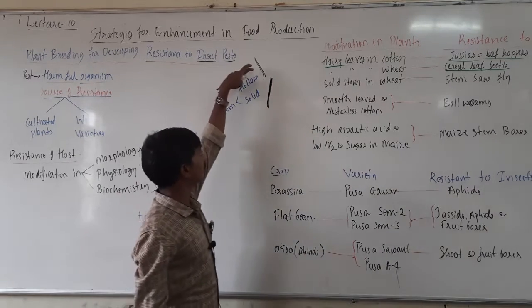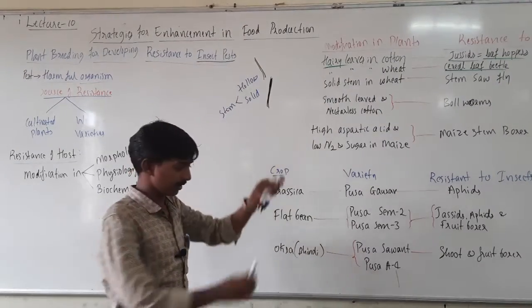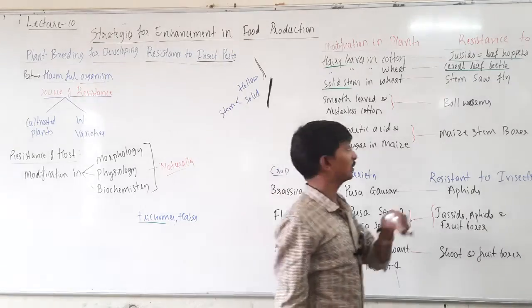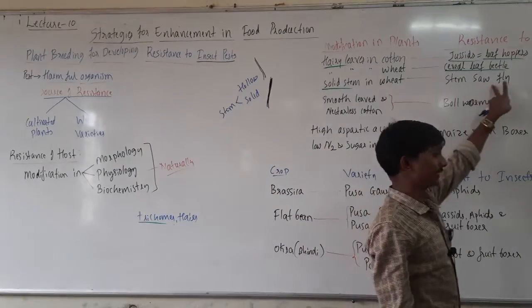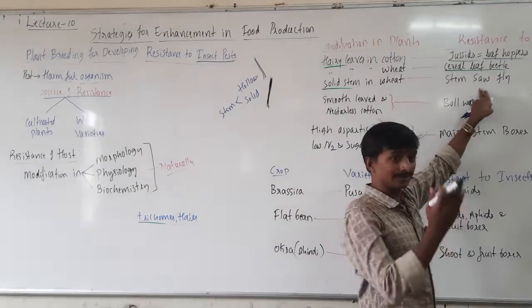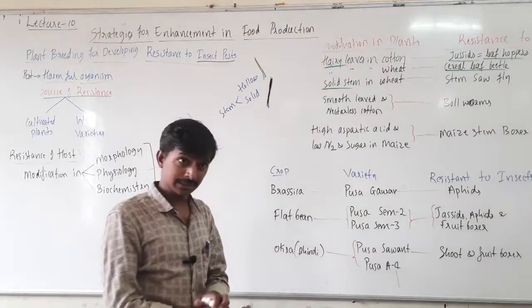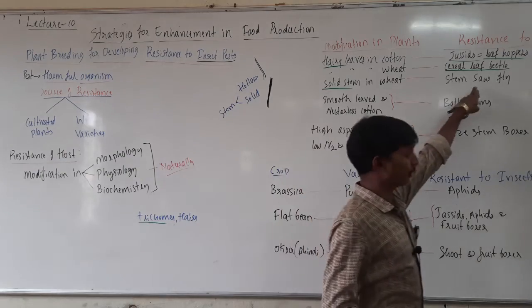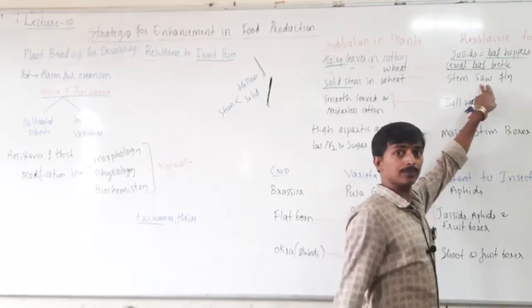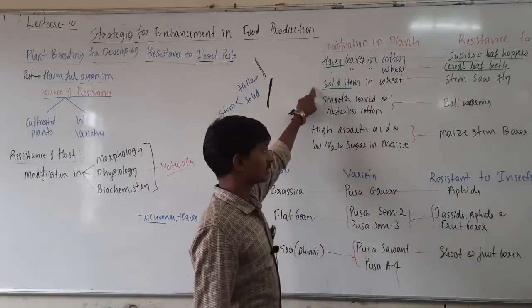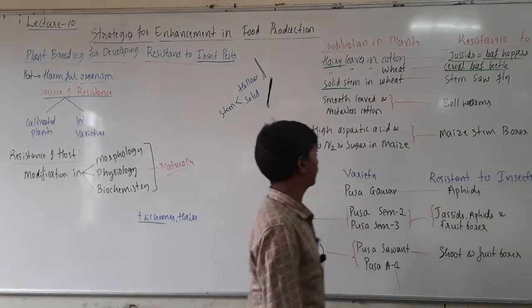So, hollow stem, solid stem. If the stem is solid, then the plants will be resistant to the stem sawfly. Saw means one of the cutting instruments used by carpenters. Similarly, the insect has mouth parts like a saw. So if the stem is solid, then the plant will be resistant to the stem sawfly.